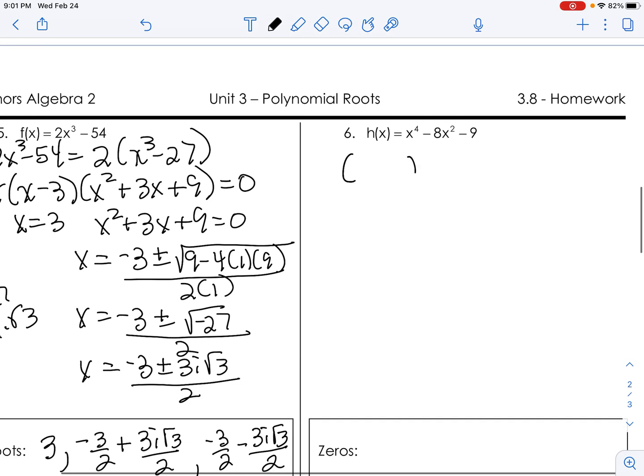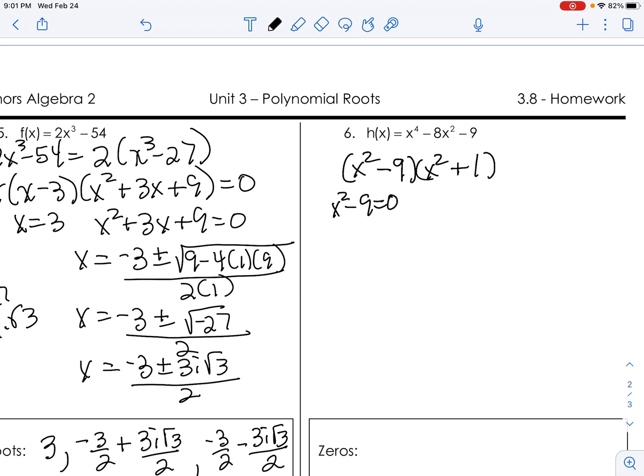Number 6. Let's factor like we would factor a normal trinomial. It multiplies to negative 9 and adds to negative 8. So it has to be subtract 9 and plus 1. Set them equal to 0. X squared minus 9 equals 0.